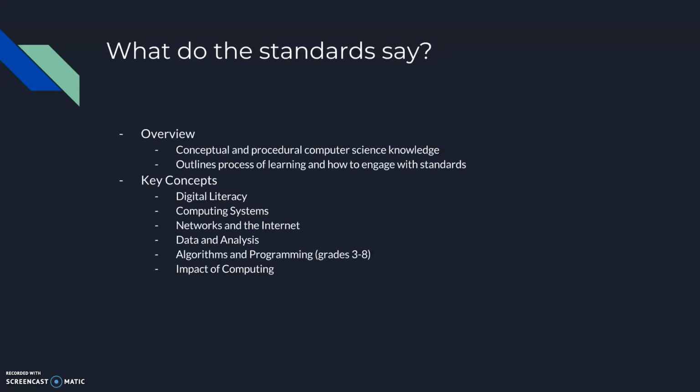The standards tell us what knowledge to give to our students about computer science and how to teach that. It also gives us outlines of how to get from step A to step B within that learning and how to engage with those standards. It gives specific examples, which is very helpful. The key concepts it outlines are those listed there. The ones we'll be talking about today are digital literacy and computer systems.